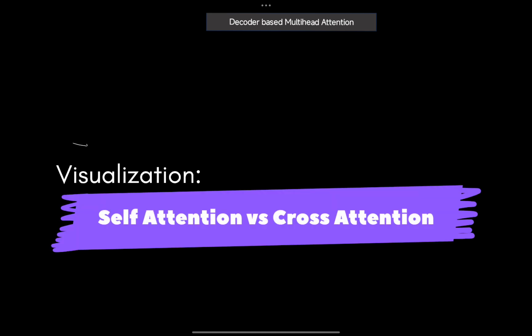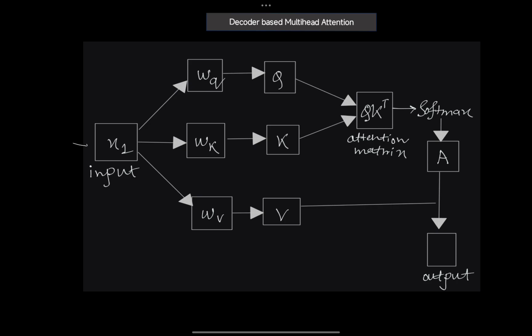So typically the decoder based multi-head attention, which we have talked about so far, has this architecture where we have a single input, which is x1, then we multiply that x1 with the learnable parameters like wq, wk, and wv, and we get the corresponding qkv matrices. Then we do the matrix multiplication of qk transpose to get the attention matrix, and then we apply the scaled dot product and the softmax to get the corresponding a matrix, which we again multiply with the v to get the final output.